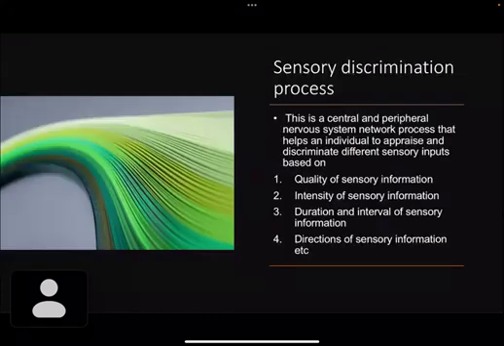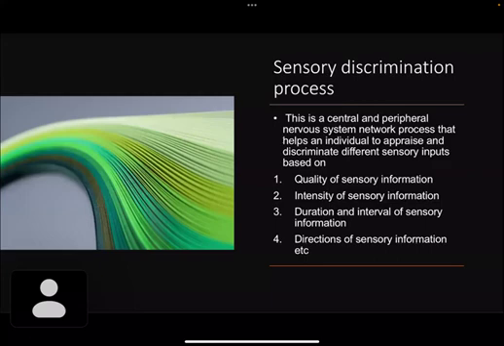The sensory discrimination process is a central and peripheral nervous system network process that helps an individual to appraise and discriminate different sensory input based on quality of sensory information, intensity, duration and interval, and direction of sensory information. For example, I am hearing a sound.